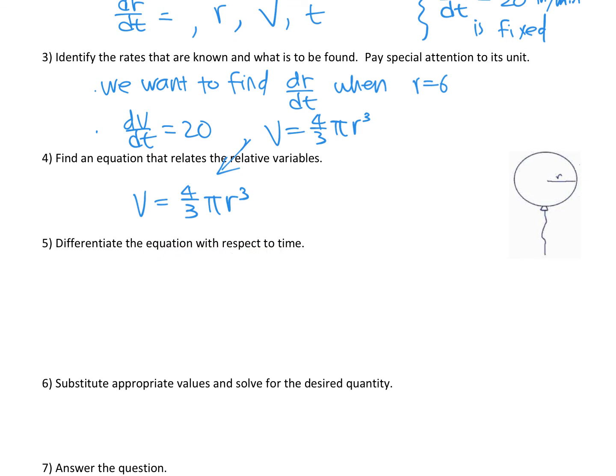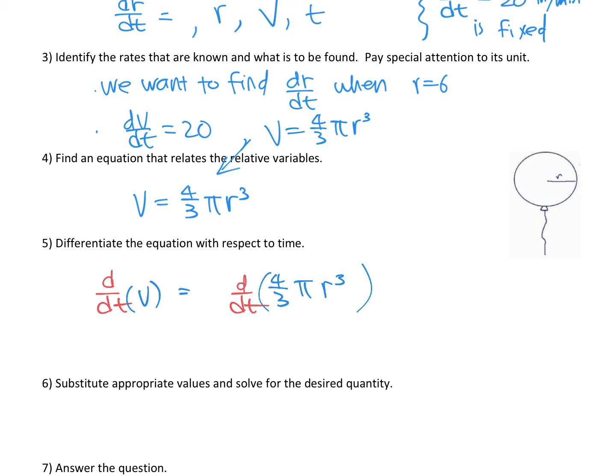Okay. So again, we have V, we have r, we have time. Eventually I want dr/dt, so I'm going to take the derivative with respect to t. t is my time, right? So what I'll do is I go d/dt of V, 4/3 pi r cubed.